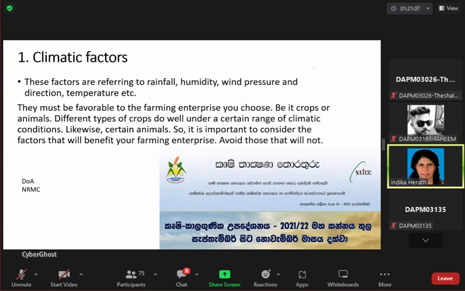So we need to know the requirement of the crop: whether the plant needs this much rainfall, this much sunlight, and this much fertilizer. Agricultural scientists have found what the needs of crops are.